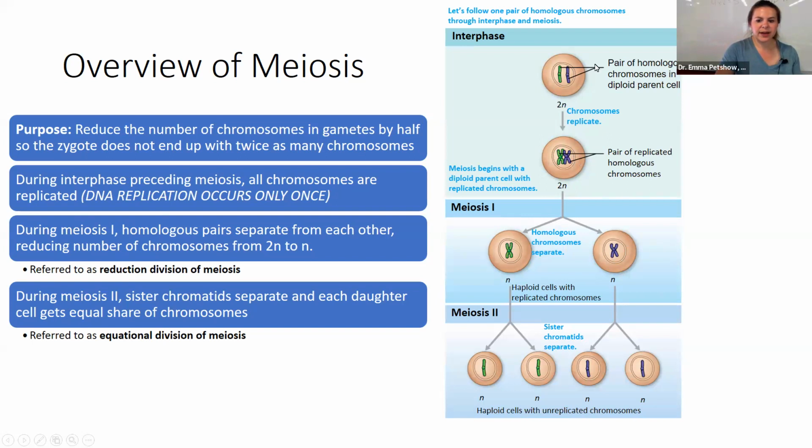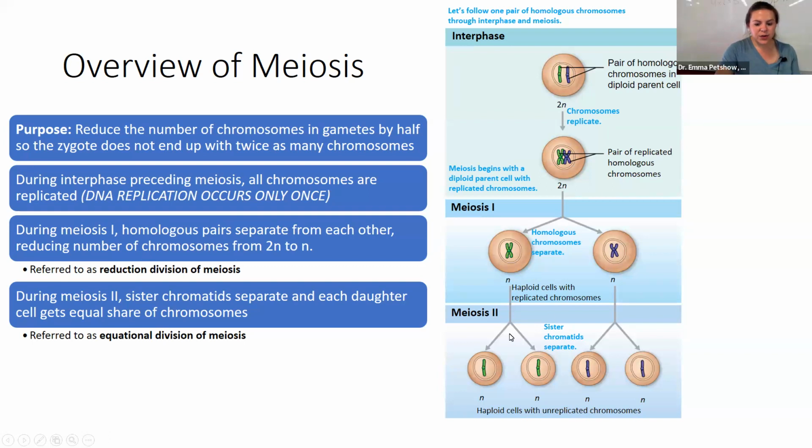We have the green one here and the purple one here. But because we replicated and created an identical duplicate of the green one, we have 2 identical duplicates of the same chromosome. So this is considered haploid. We just have double the amount of DNA. This is considered a reduction division of meiosis because we've reduced from 2N diploid to 1N haploid.